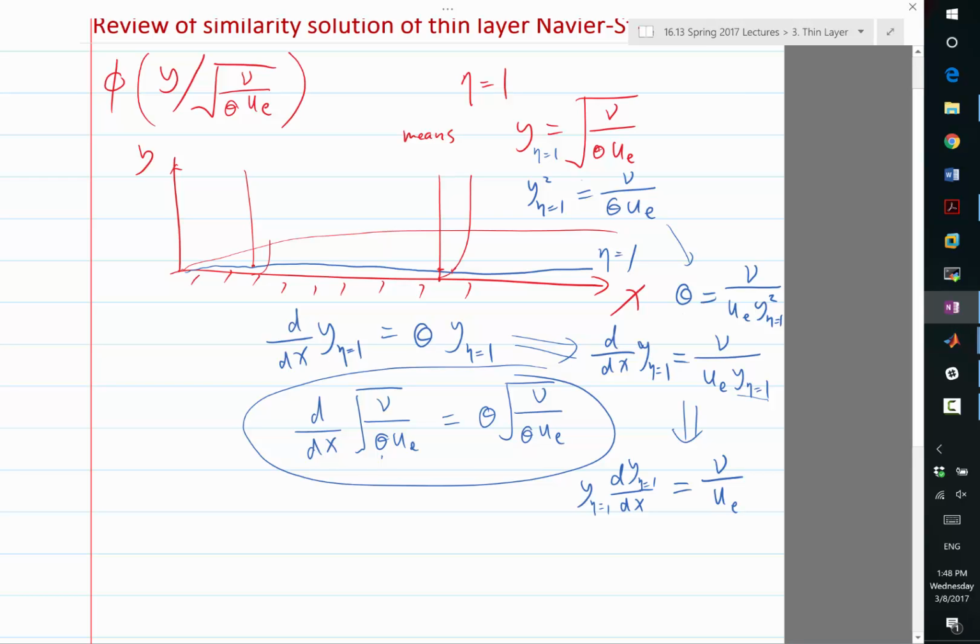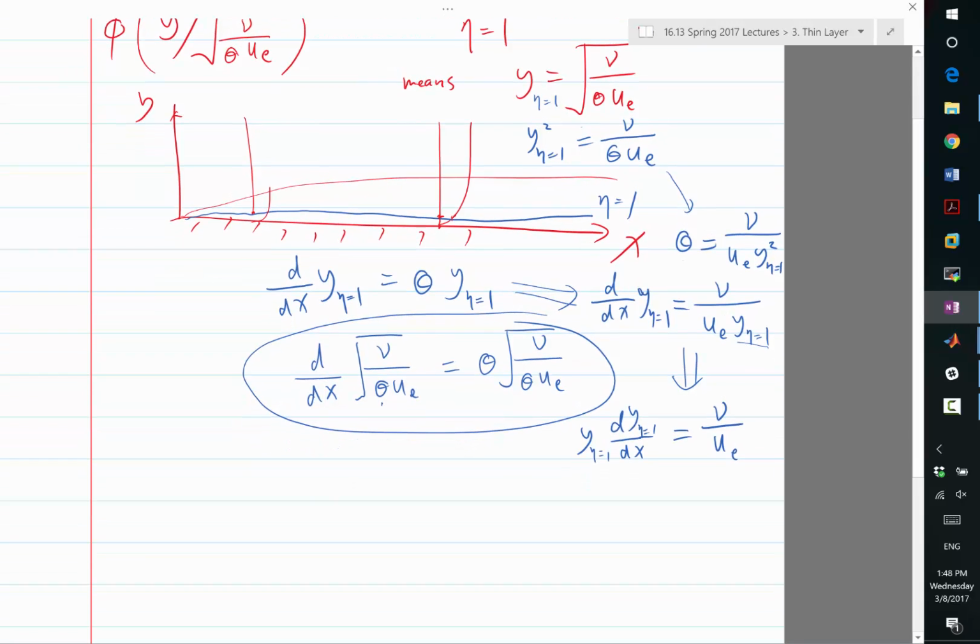It's equal to a constant. So that constant is going to be equal to half of the derivative of y at eta equal to 1 squared. Agreed? So the y at eta equal to 1 squared, which means the square of this blue line, is going to grow linearly as a function of x. The slope of the square of this line is constant.